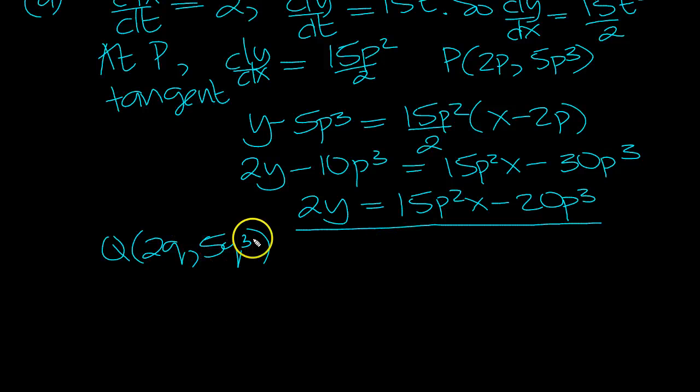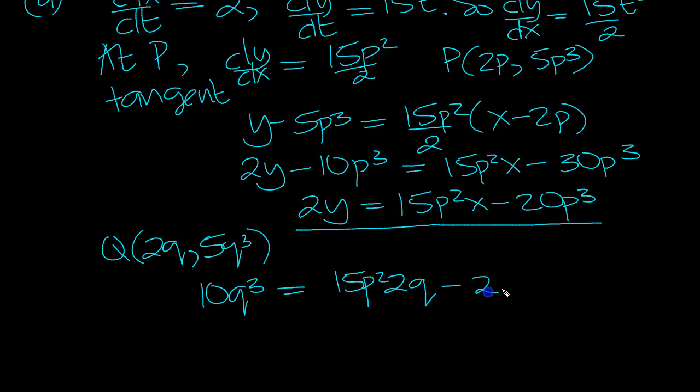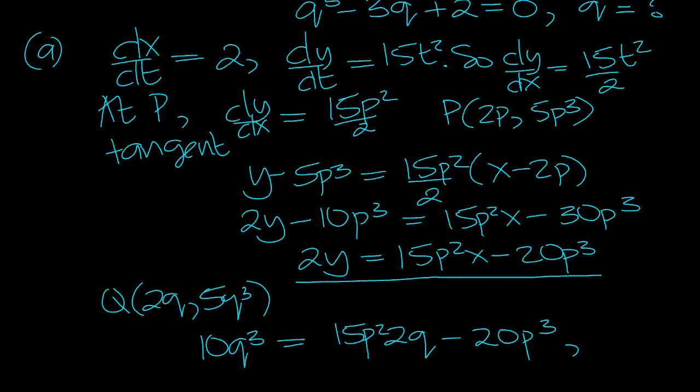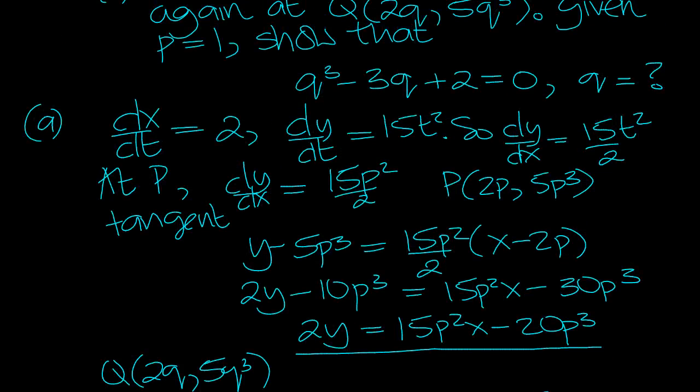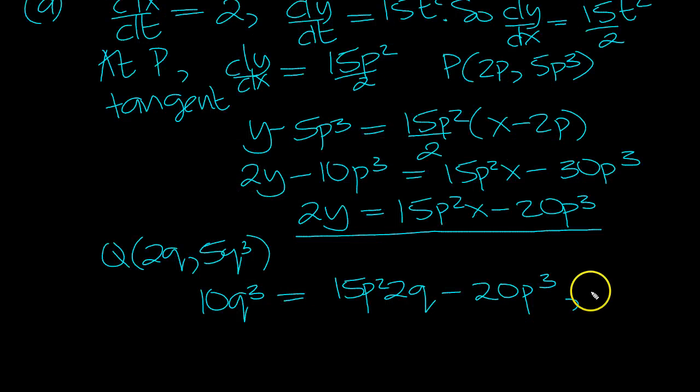So the y value at Q will be 2 of these, which is 10q cubed is equal to 15p squared x, which is 2q, minus 20p cubed. So p equals what value? 1. p equals 1. Let's see what we get.